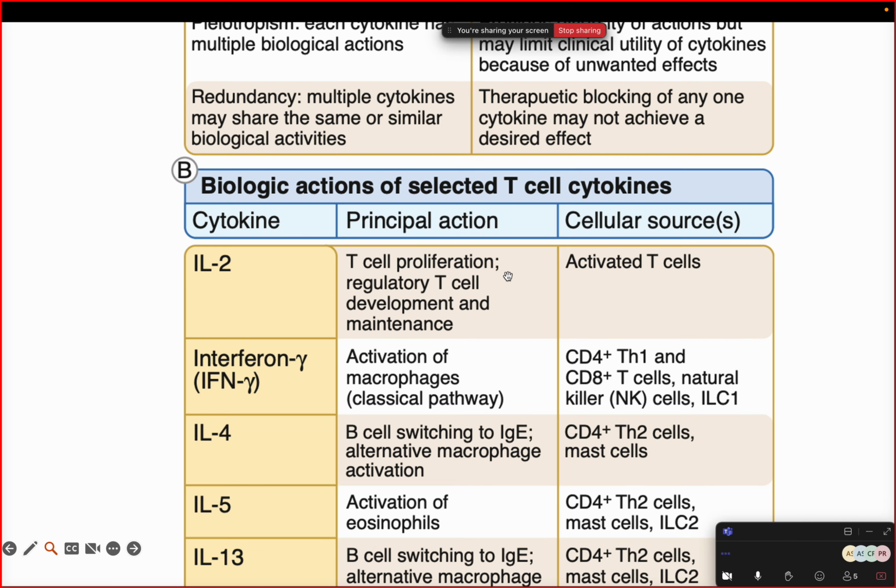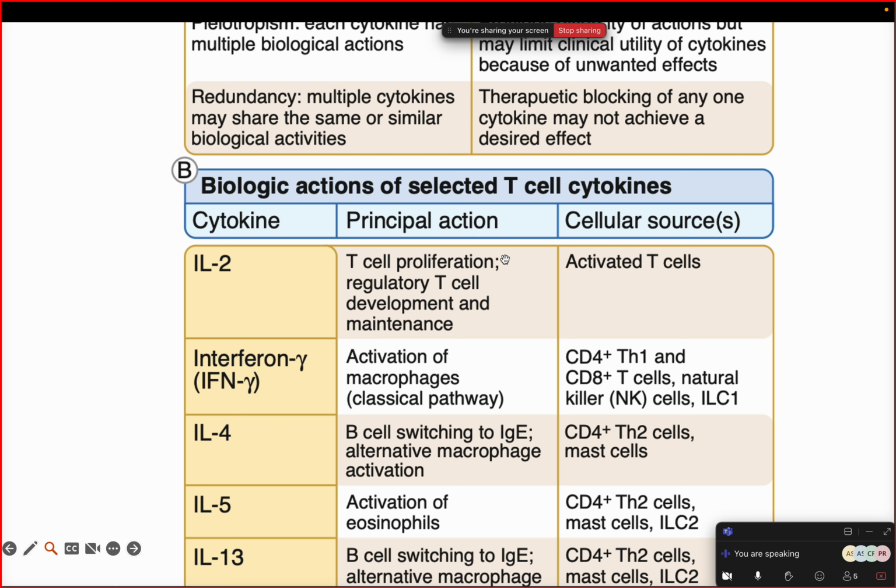The downstream signaling of the IL-2 molecule is T cell proliferation, regulatory T cell development and maintenance. What is the source? The source is obviously all the T cells, predominantly Th1, but all the T cells will be secreting IL-2.